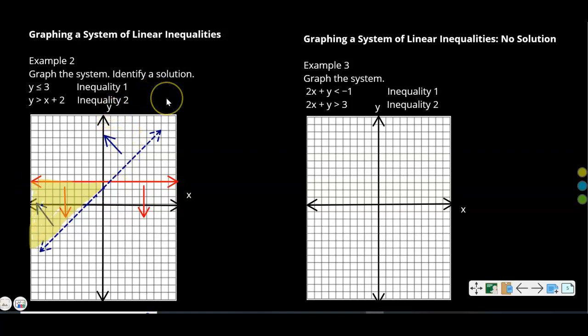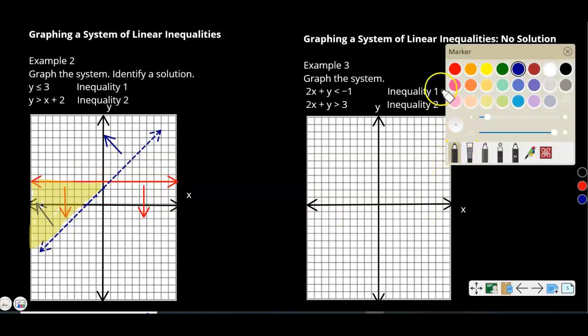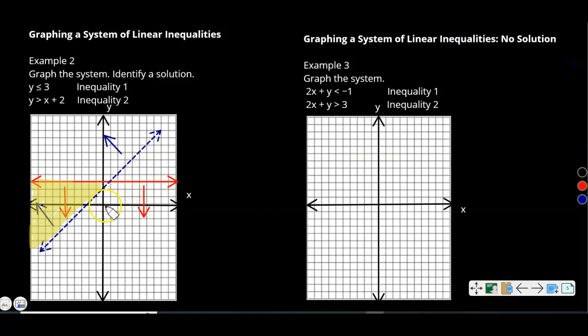Then it says identify a solution. So all you have to do is pick a point that falls in that shaded region. Let's choose a point, maybe let's come over -1, 2, 3.